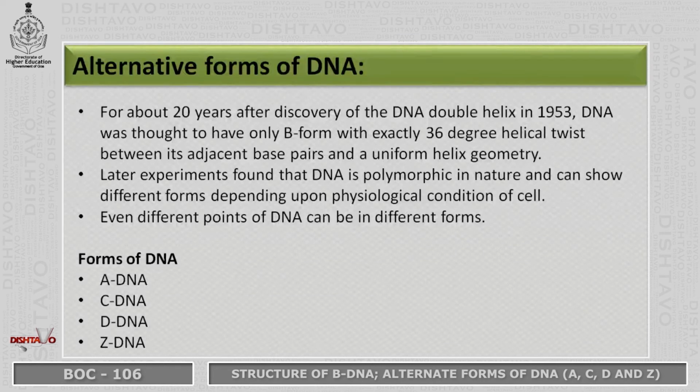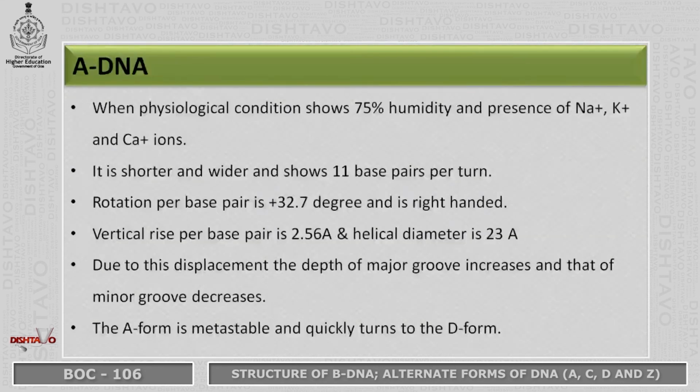Later, experiments found that DNA is polymorphic in nature and can show different forms depending upon the physiological condition of the cell. Even different parts of DNA can be in different forms. The different forms of DNA are A-DNA, C-DNA, D-DNA, and Z-DNA.